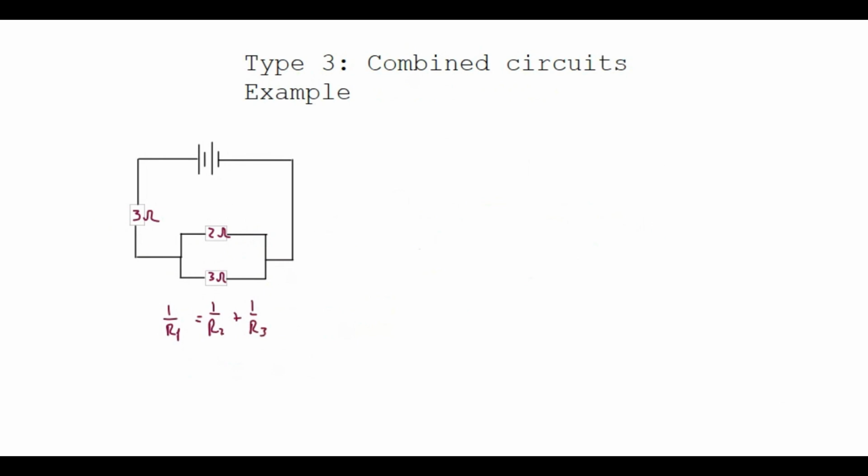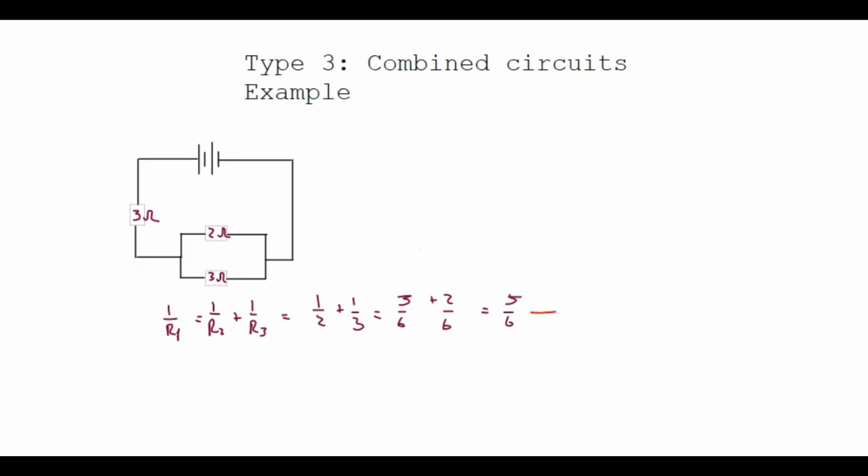Okay, why did I say R2 and R3 and why not R1? R1 is in series over here if you followed that current. Okay, so that's equal to 1 over 2 plus 1 over 3. LCD being 6, so that would be 3 plus 2 over 6, and that would equal 5 over 6. Am I done? No, I am not.